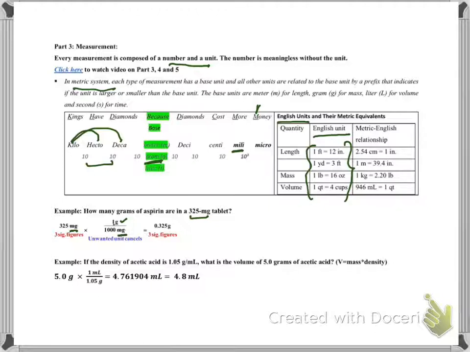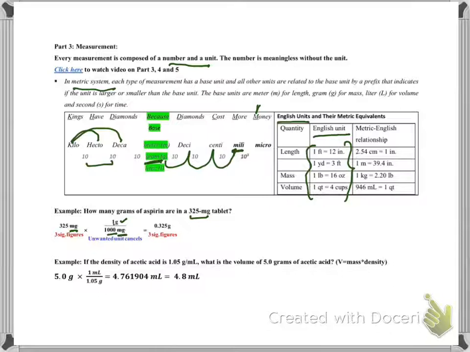So it's 1, 2, 3. 3 jumps. 3 jumps means 3 zeros. So that means now milligram cancels with milligram. 325 divided by 1000 gives you 0.325.